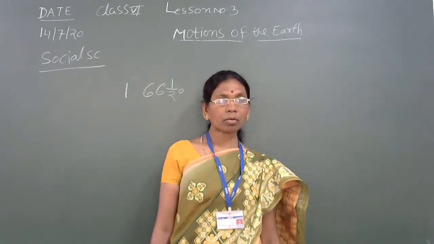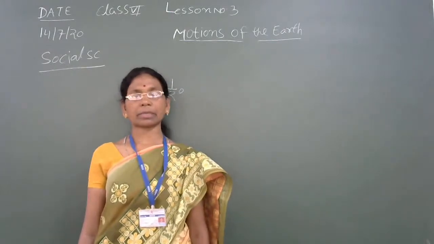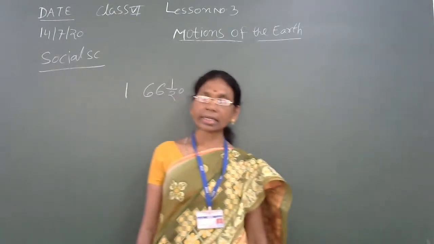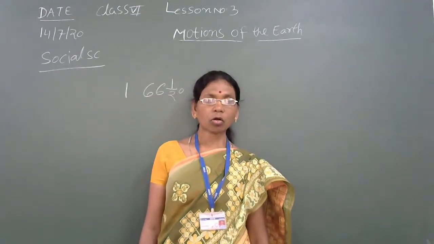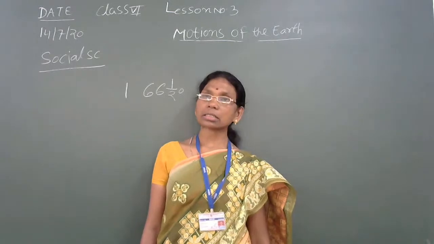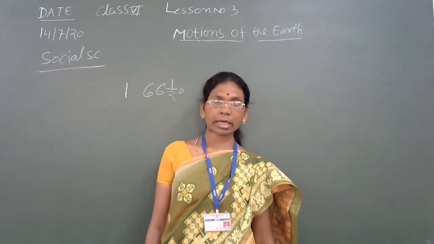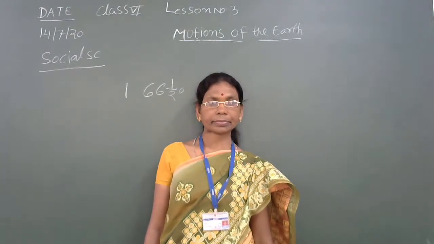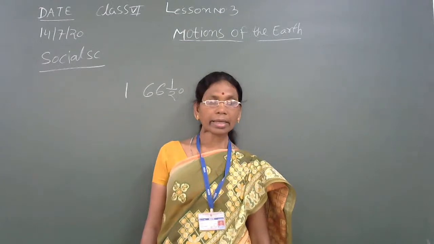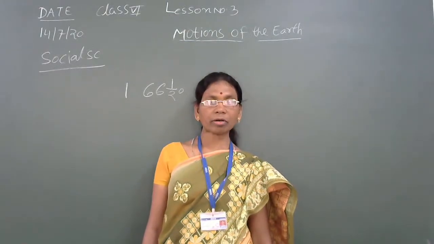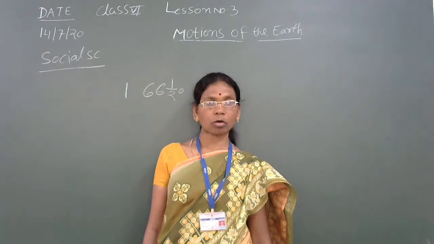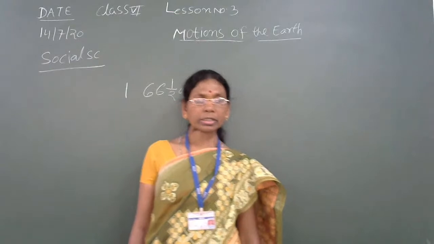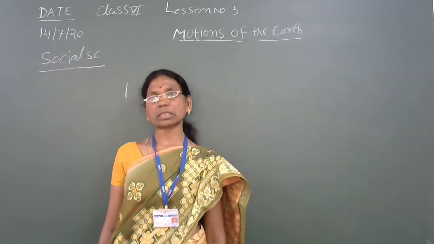Second paragraph. On 22nd December, the Tropic of Capricorn receives direct rays of the sun as the south pole tilts towards it. Underline the point. As a result, rays fall vertically at the Tropic of Capricorn, 23 1/2 degrees south.